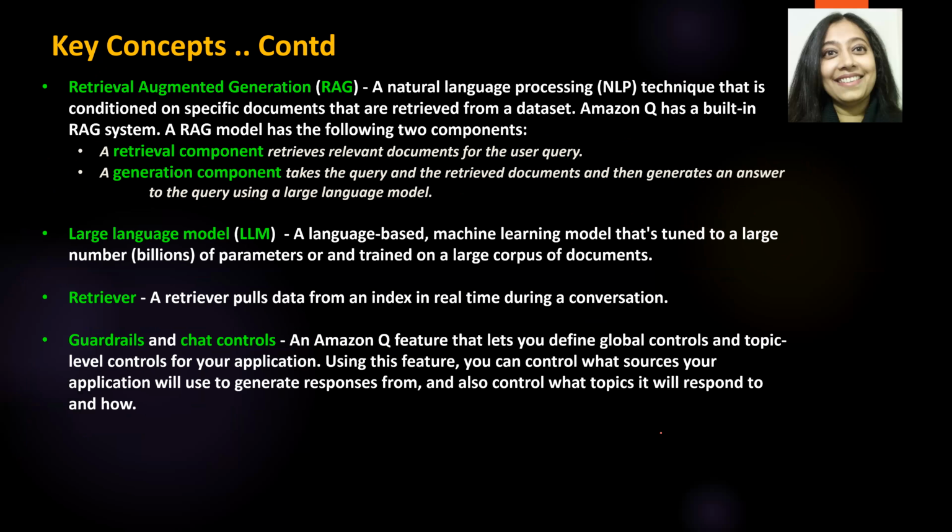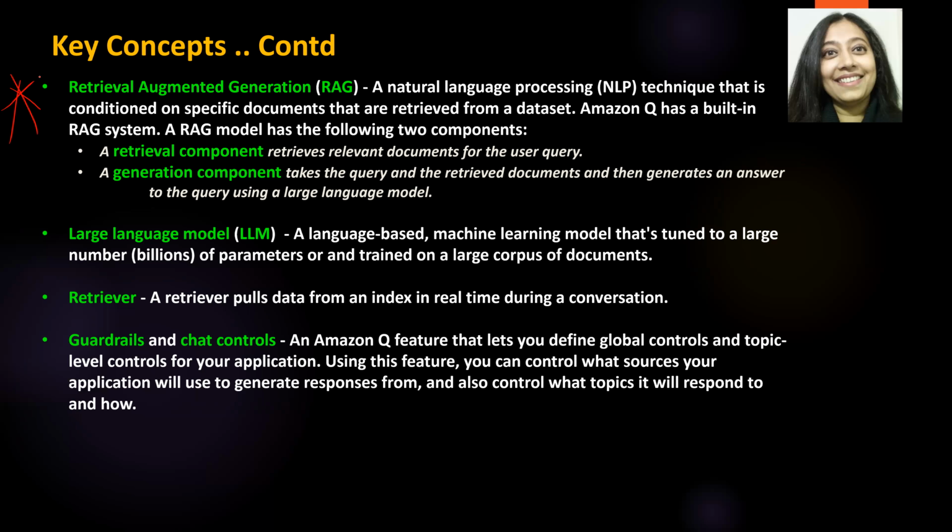Now, let's dive a little bit deeper into the AI and the ML world. First, and the most important one over here is RAG. Now, understand what RAG is, right? And you will hear this particular acronym very, very frequently going forward. RAG stands for Retrieval Augmented Generation.